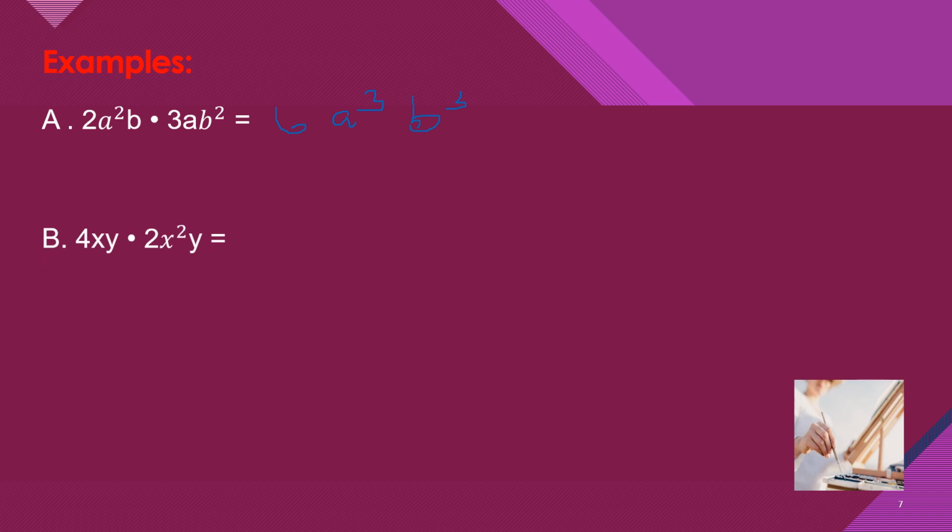Then 4 times 2 is equal to 8, x cubed, y squared. Then negative 5 times 3 is negative 15, a, so we have 2 plus 3 is equal to 5, and b, 2 plus 3 is equal to 5.